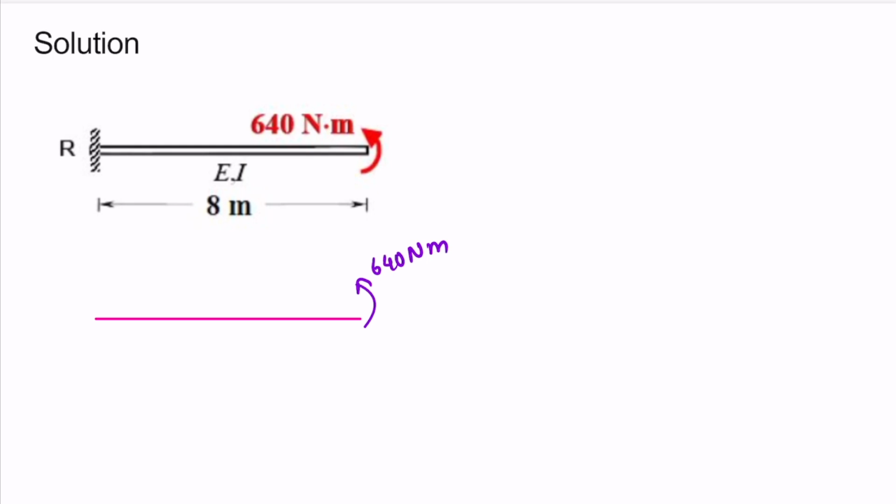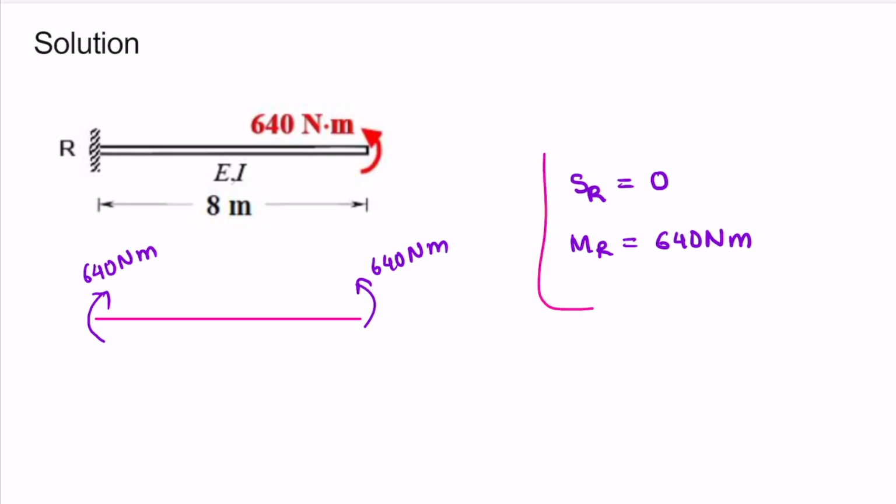There is an applied moment only, so in order to balance this moment there will be another moment at the support here and the magnitude will be 640 Newton meter. So we can write that SR is 0 as there is no shear force, and MR is 640 Newton meter. For this also we got our answer.